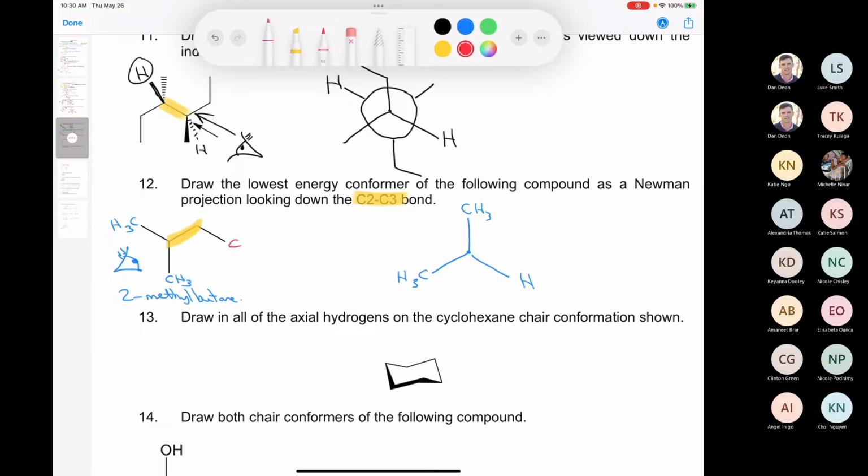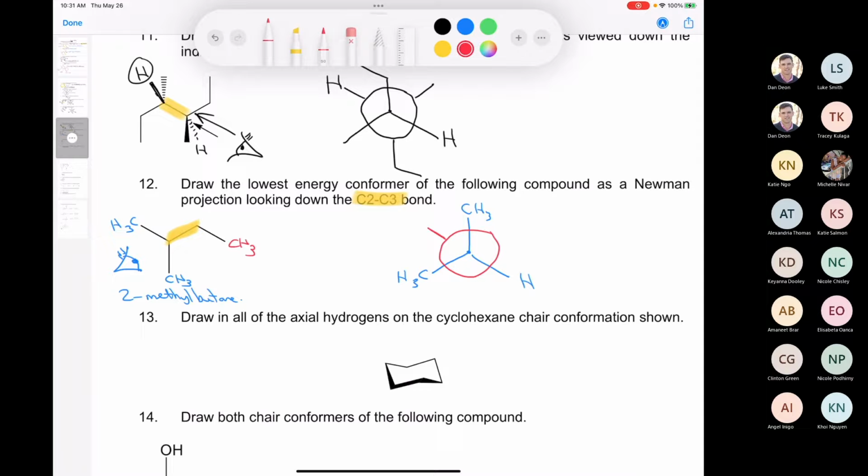All right. If I label this methyl group in red, and we know that there's a hydrogen here and another hydrogen here, I'm just going to erase those because I didn't put the hydrogen on the other one. Okay. Well, where's the methyl group going to be if we want it to be as far away from these guys as possible and we want it to be staggered? Well, you've got 3 positions.